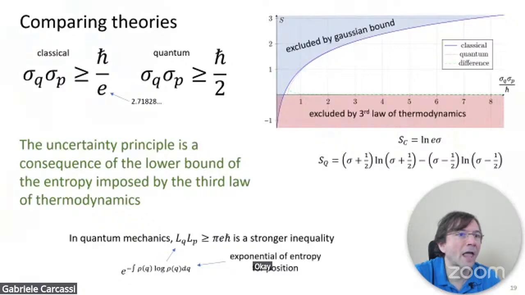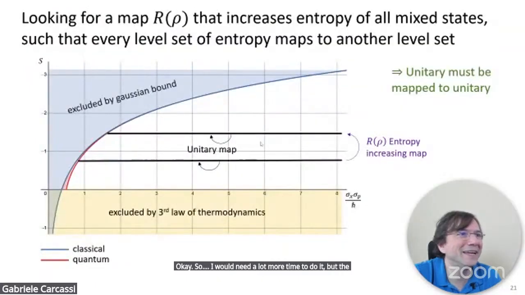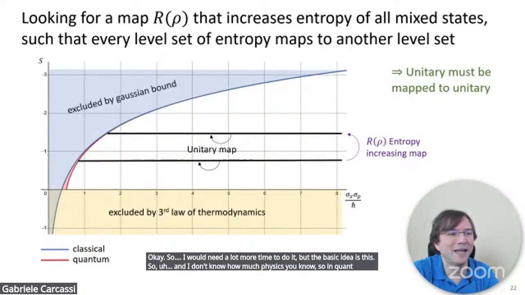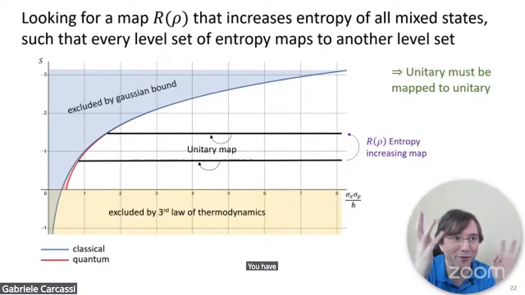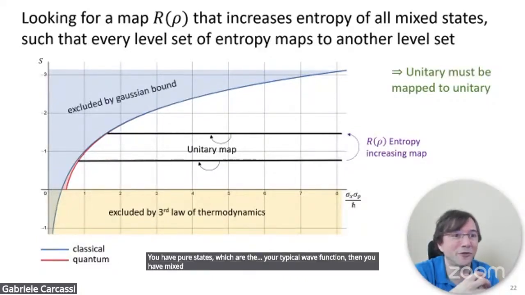Okay, going back to the Q&A, can you explain again how you recover the classical regime from quantum mechanics in the regime of high entropy? I would need a lot more time to do it, but the basic idea is this. I don't know how much physics you know. In quantum mechanics, you have pure states, which are your typical wave function. Then you have mixed states, which are the density matrices.